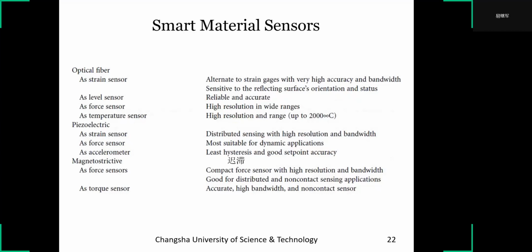Smart material sensors: optical fiber, piezoelectric, magnetostrictive.